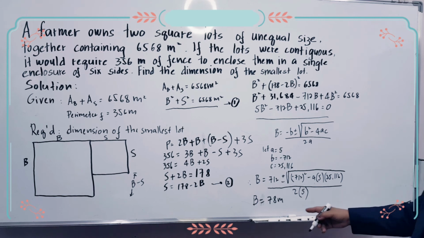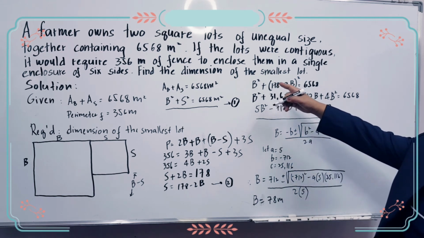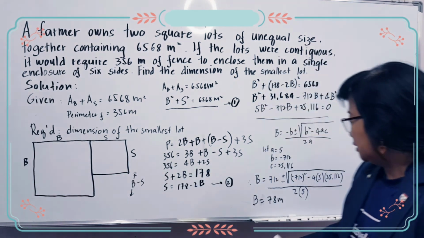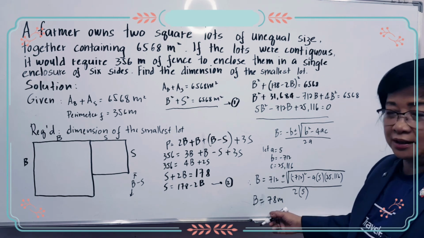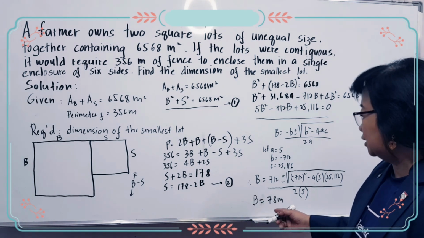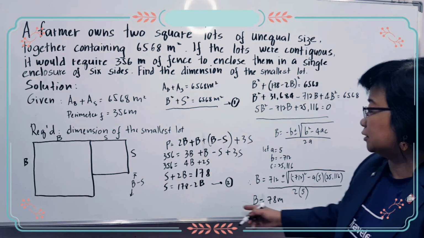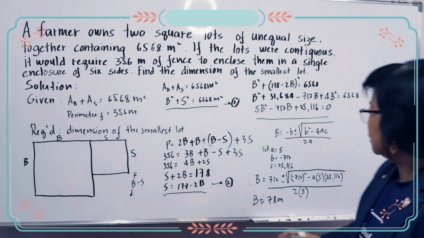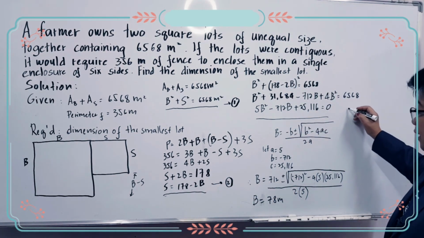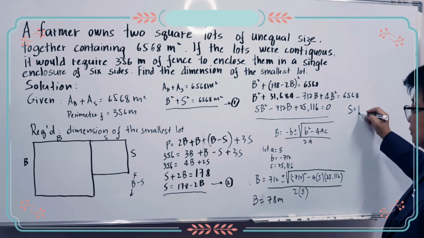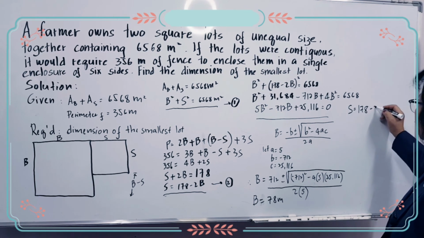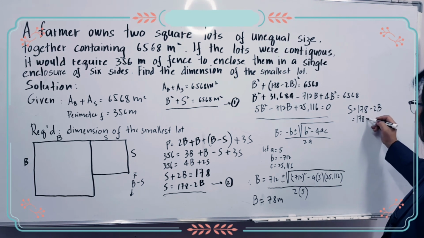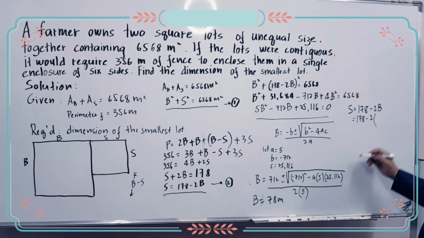Now, what we're looking for here is the dimension of the smallest lot. That means the second one. Since we have solved B, the side of the big lot, we can substitute it into this equation. So, S is equal to 178 minus 2B, 178 minus 2 times B, which is 78.